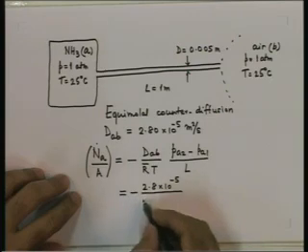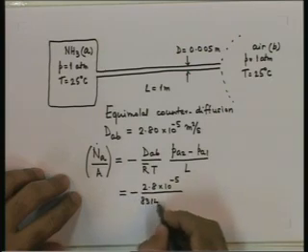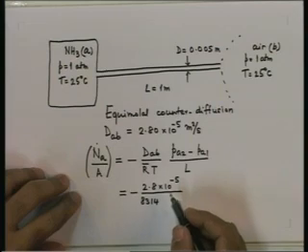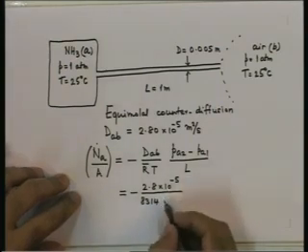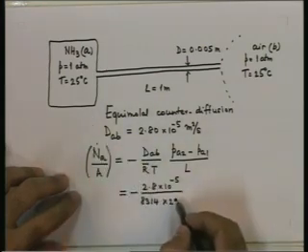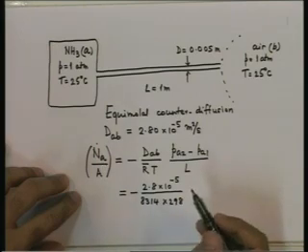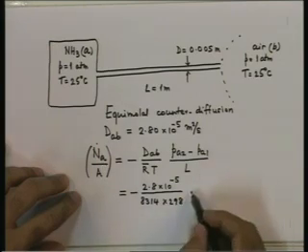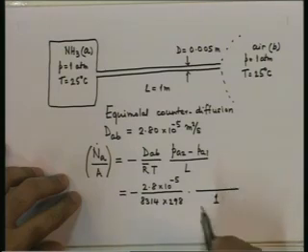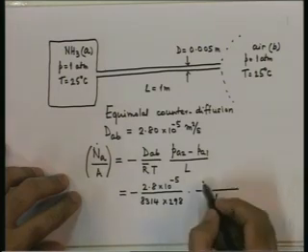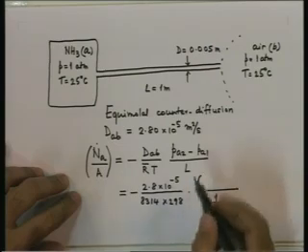R bar will be 8314, the universal gas constant, 8314 joules per kilogram mole Kelvin. 25 degrees C is 298 Kelvin. Okay. In the second term, denominator is 1 meter. In the numerator, we have the pressure difference.